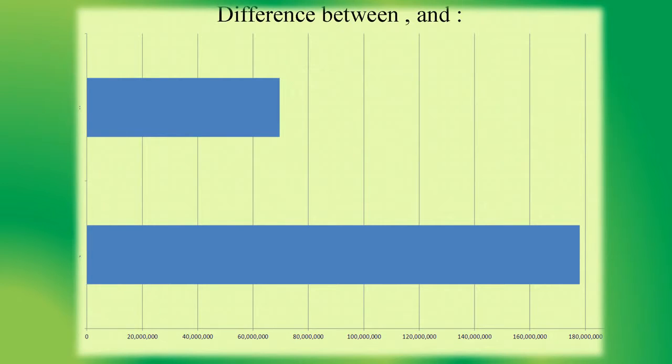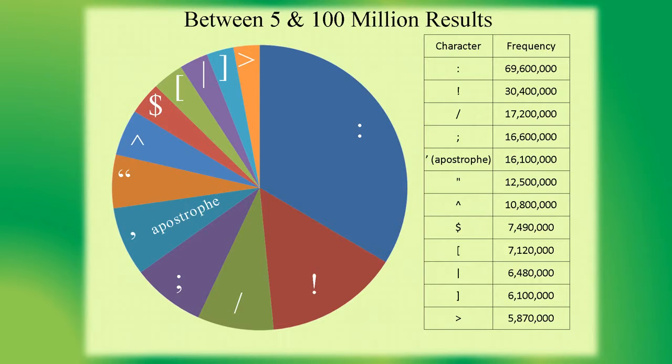Again, we see here another sharp drop between the comma and the colon, with the latter not even returning half as many Google results. But the colon is still more than twice as popular as the exclamation mark, which is again almost twice as popular as the next three symbols, the slash, semicolon, and apostrophe.